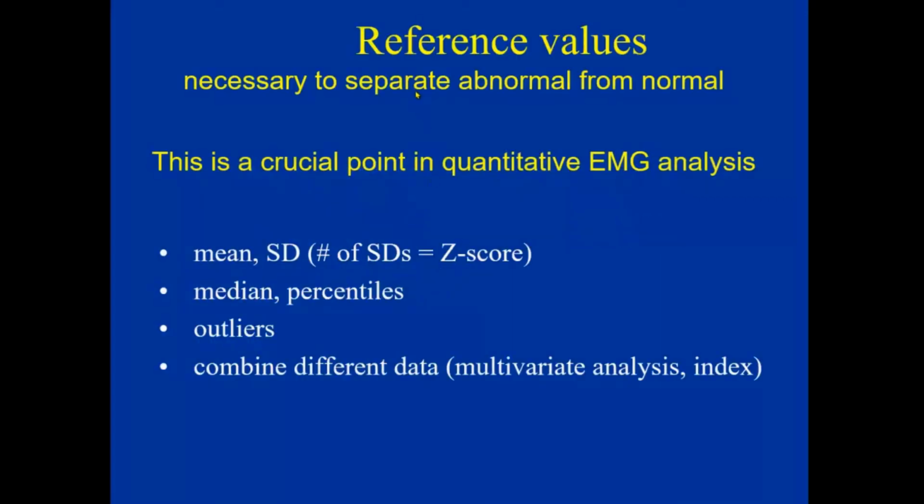For all these things, it's important to have reference values from your own laboratory or from literature in case you use exactly the same technique and software as described for the collection of reference material. We don't go into the statistics of that right now. Only a reminder that reference values is a must.